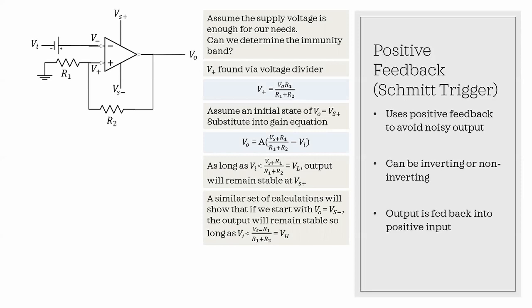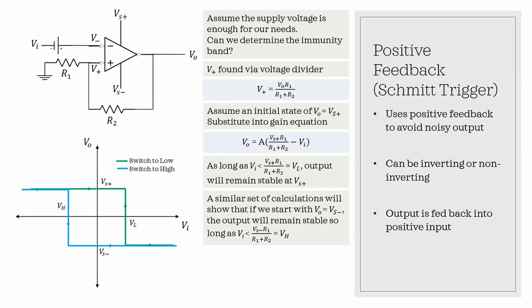So let's illustrate that with a voltage plot similar to what we saw before, and we're going to assume an ideal op-amp here, because things get a little messy when it's non-ideal, because now you have like a quadrilateral kind of situation going on. So let's start with the green, where we're starting in the high state. As long as our voltage input stays below the VL signal range, it will remain in a high state. And then after that, it will go low.